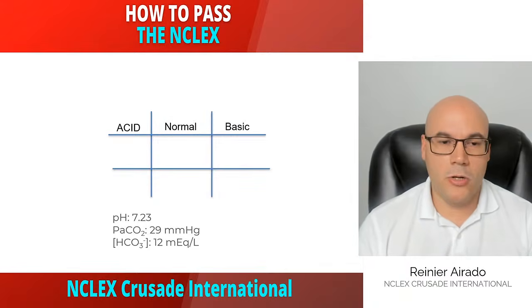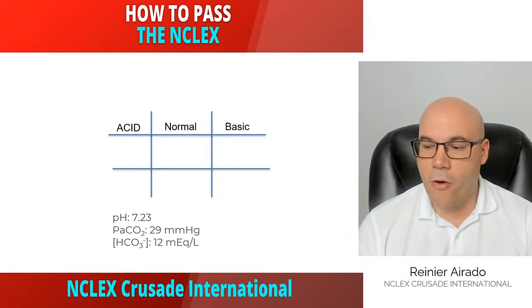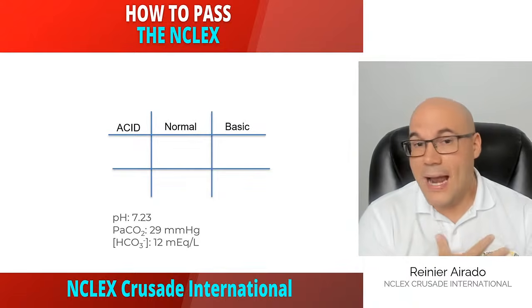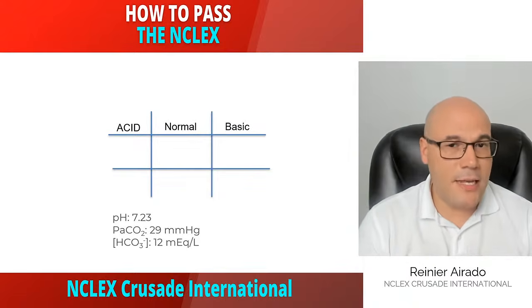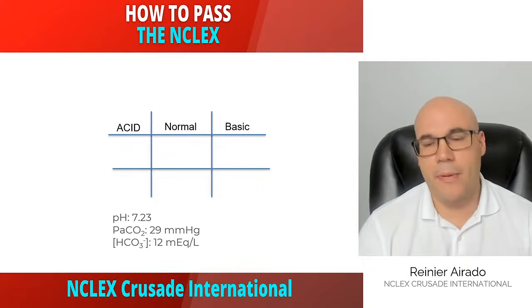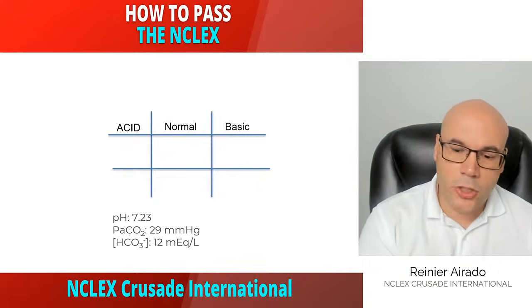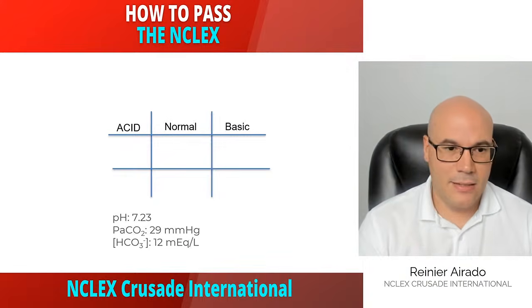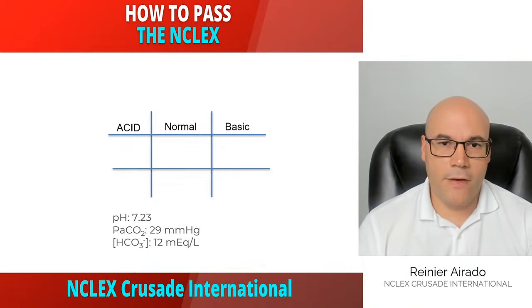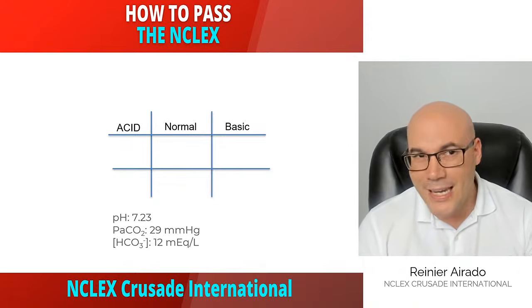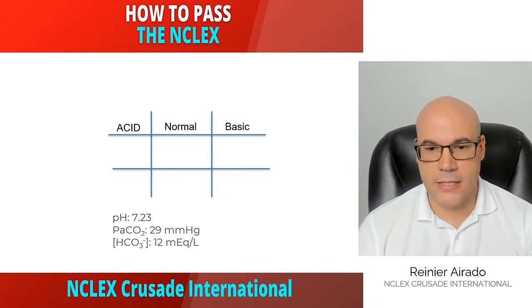Those are the normal CO2 values. And for bicarbonate, the range I've seen in the most bibliographies is 22 to 26. That is the bicarbonate value that I use and that most references use.